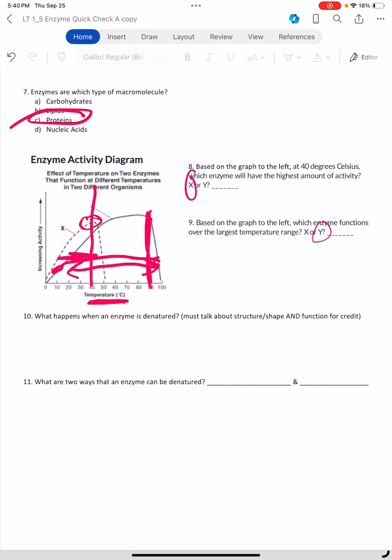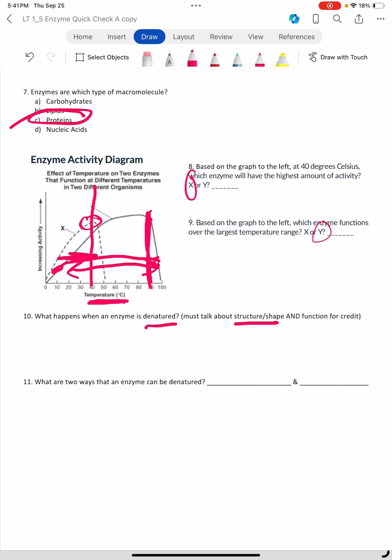All right, number 10. I'm looking for what does denaturation mean? I need to see something about structure and shape and function. Basically, they don't work anymore and their shape is lost. So instead of having this wonderful shape that could fit a substrate, sorry, I'm drawing that badly. Instead, you denature it with pH or temperature.